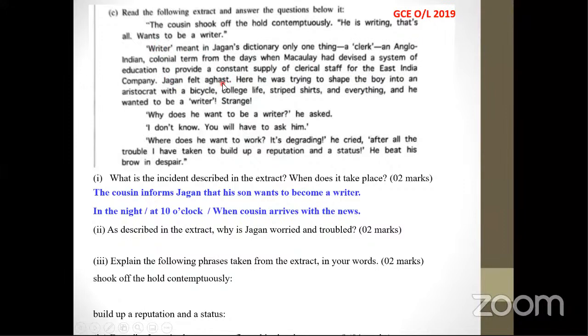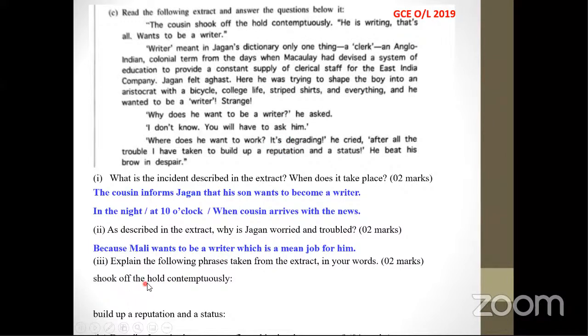Jagan felt aghast. That is the feeling. Why is Jagan worried and troubled? So now you know how to answer. Because Mali wants to be a writer, which for Jagan means a clerical job, a person who is not respected in society. That is why Jagan is worried.